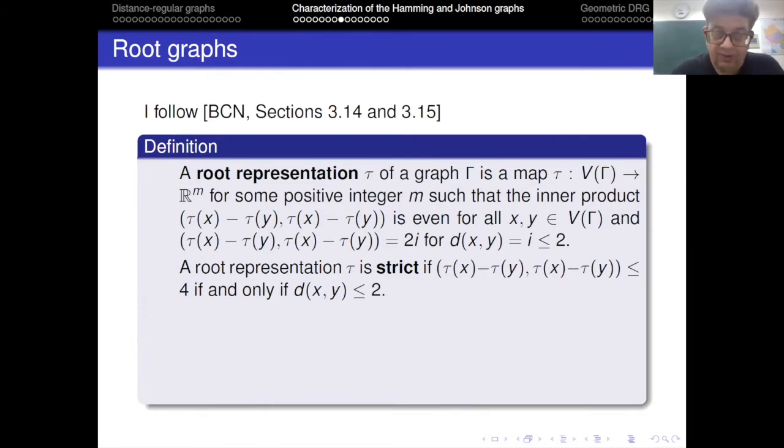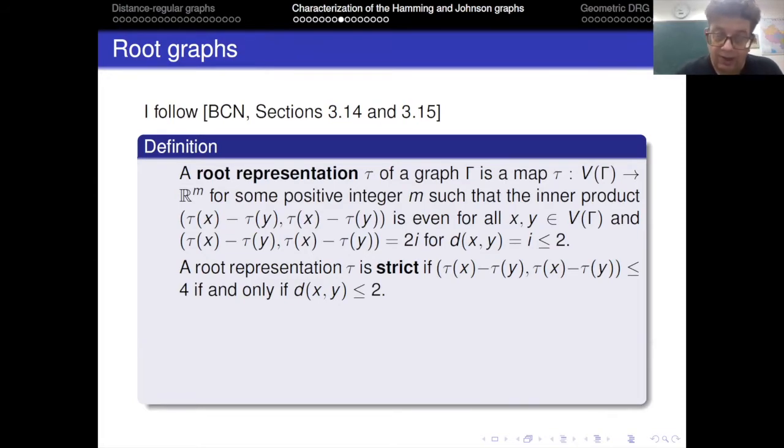A root representation tau of a graph gamma is a map tau to a Euclidean space of dimension m, for positive integer m, such that the inner product of tau x minus tau y with itself is always even for all vertices x and y of gamma, and it is 2i if the distance between x and y is i, at most 2.